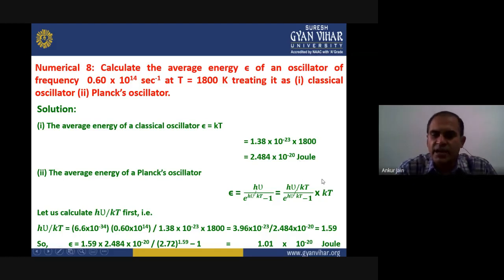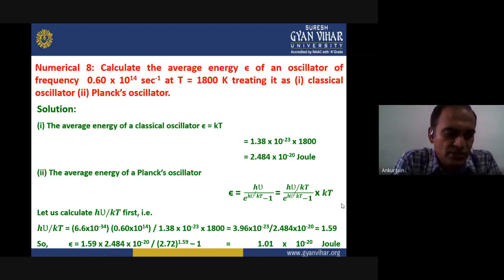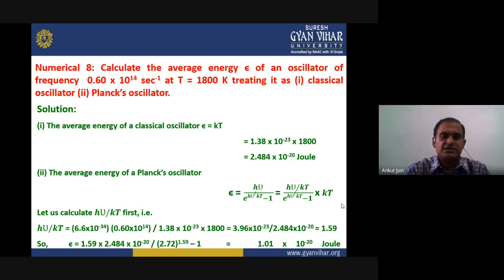It will become h nu upon kt divided by e to the power h nu upon kt minus 1, into kt. Because here we have divided h nu by kt, we need to multiply also. Let us calculate h nu upon kt first, since it also appears in the power.